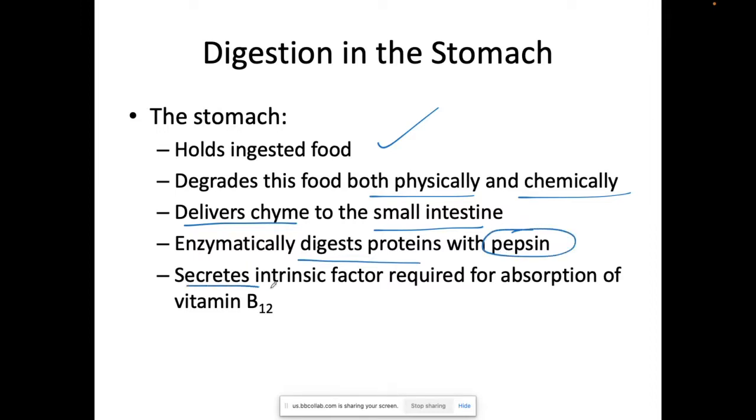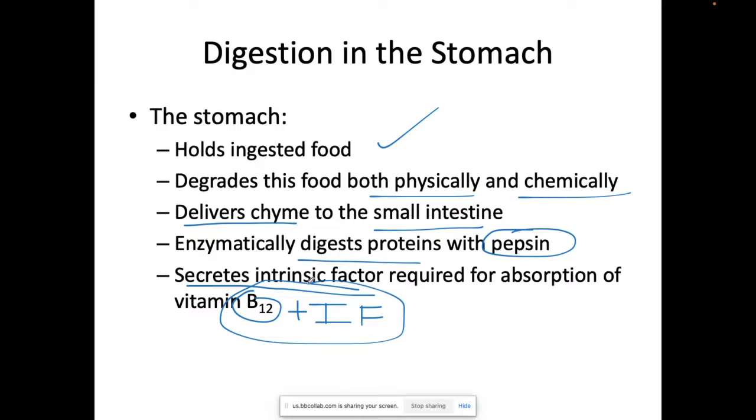The stomach secretes intrinsic factor because of the parietal cells, which is required for the absorption of B12. So B12 plus intrinsic factor, and this binding of B12 to intrinsic factor only happens when there's an acidic environment in the stomach.